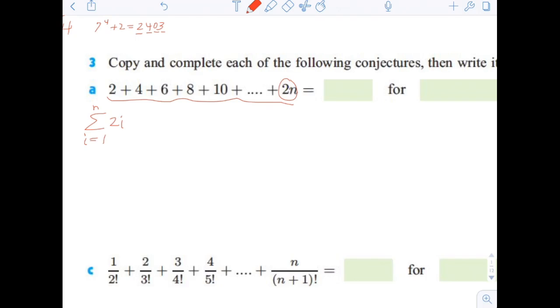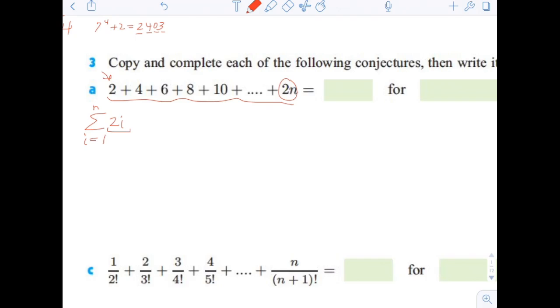All right, now let's see, what are we going to do with our summation? So if we have a bunch of multiples of 2 added together, would this be a sequence that we already know how to add up? Well, basically this is like an arithmetic sequence, isn't it?